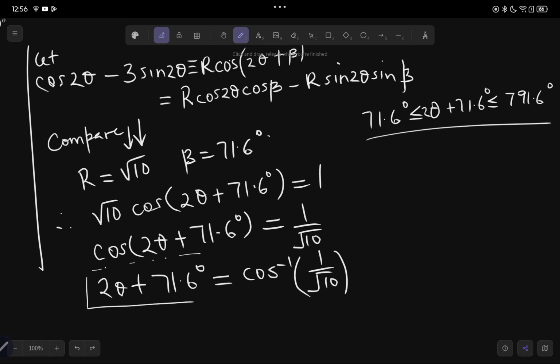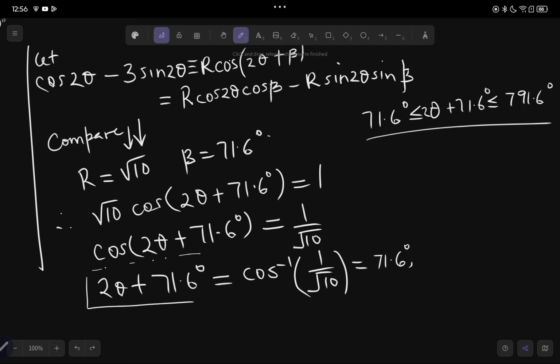So we begin. Cos is positive in the first quadrant. So we look for cos inverse of 1 over root 10. Itself, the first angle we get there is actually 71.6. You'll be using your calculators there.